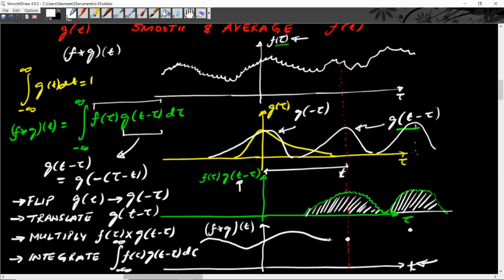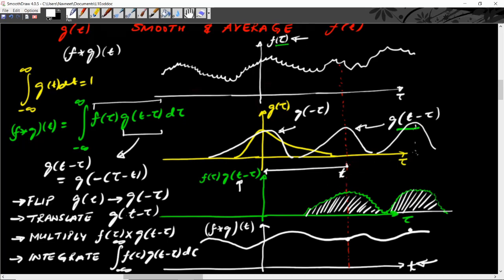a smoother version of the function f of t. Again, to understand how the convolution works, you flip the function g, and once you have flipped that function, you keep on translating it for different values of time t.